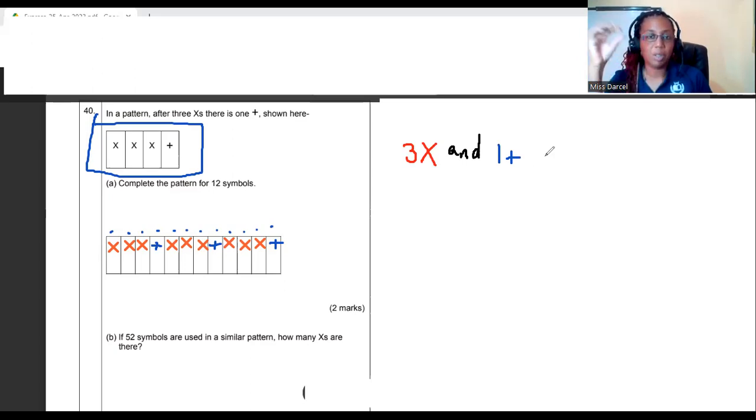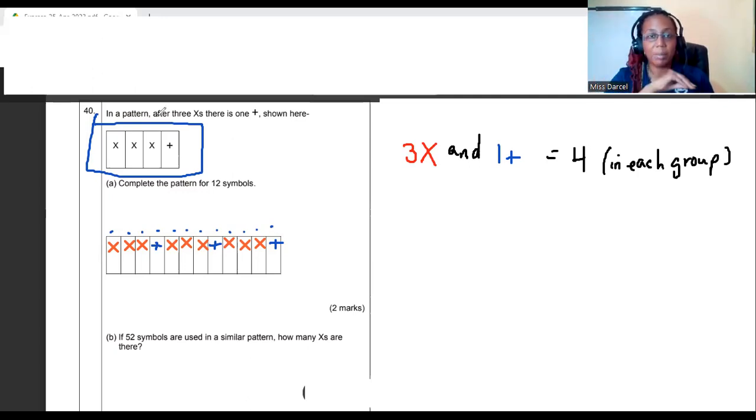Right, so that gives us 4 items in a group. So just like what's in that blue box over here, there are 4 items in each group.